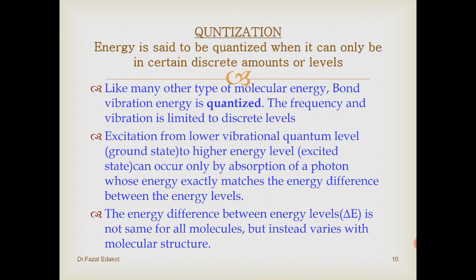This is the point. Bonds are different, atoms are different, so the vibration will also be different. When the vibration is different, the absorption of infrared also varies. There we have scope for using infrared as a tool to understand molecular structure.